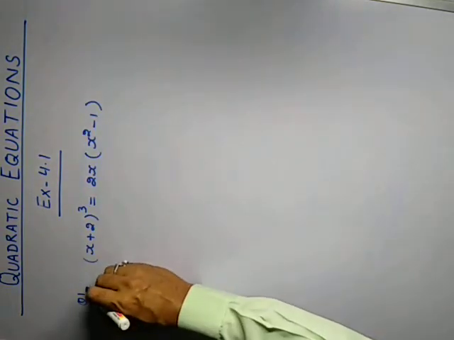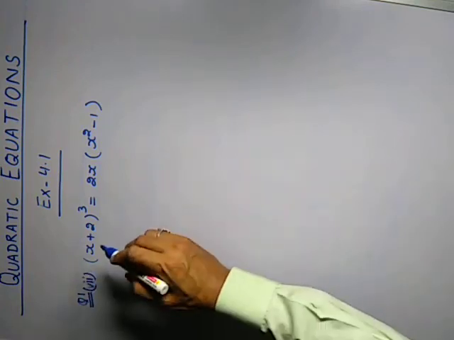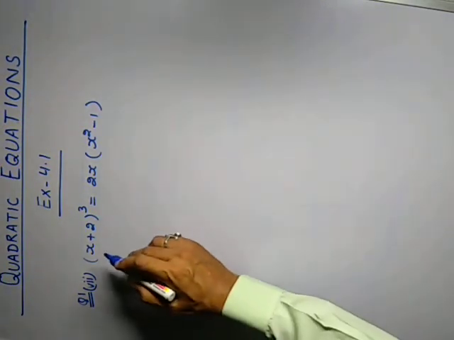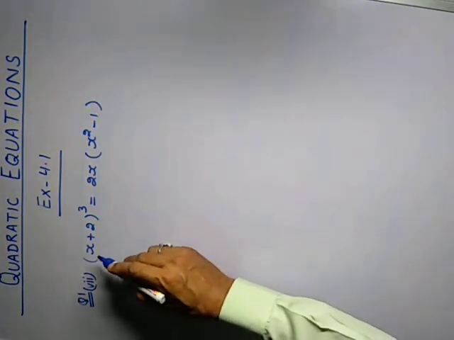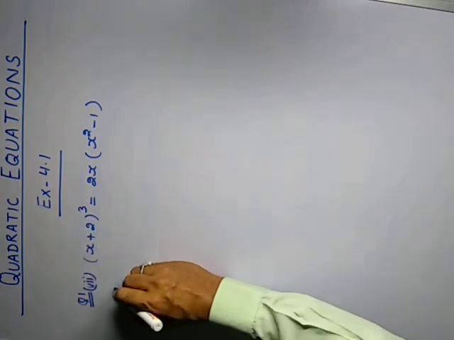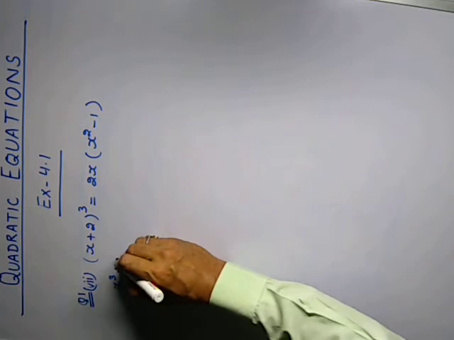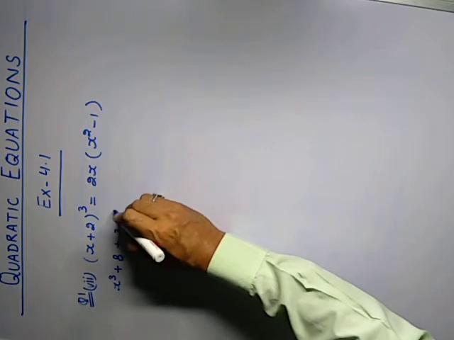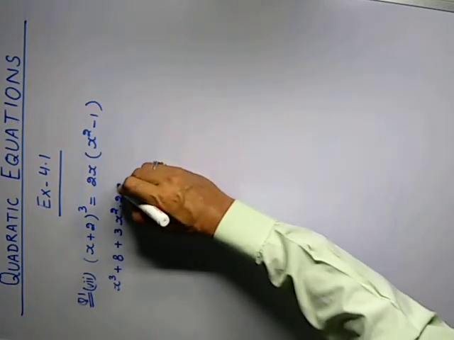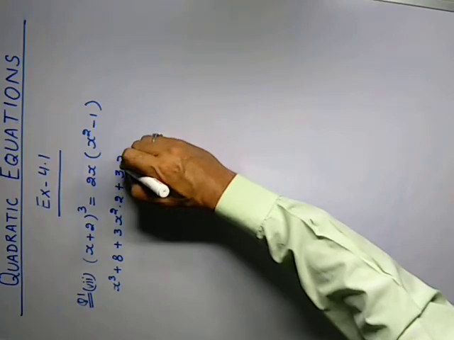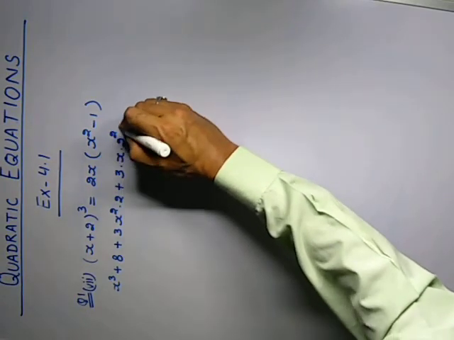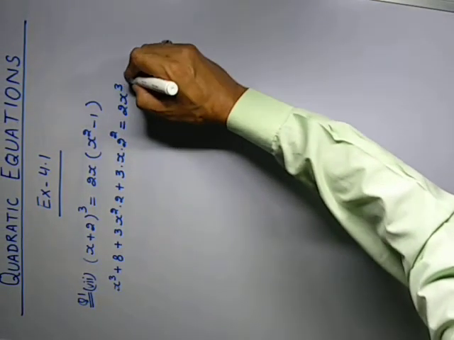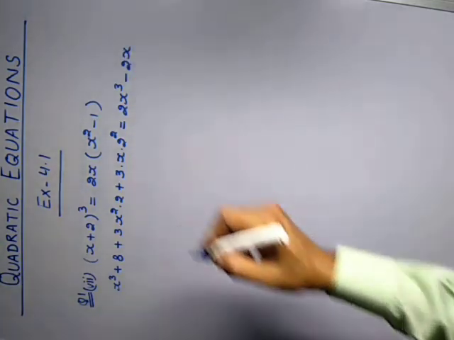Now in the seventh part, x plus 2 whole cube equals 2x into x square minus 1. Here in the left hand side we have to apply the identity a plus b whole cube, which is a cube plus b cube plus 3a square b plus 3ab square, and right hand side if we open the bracket it will be 2x cube minus 2x.